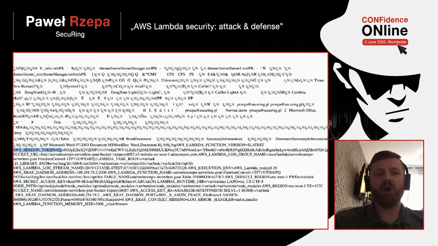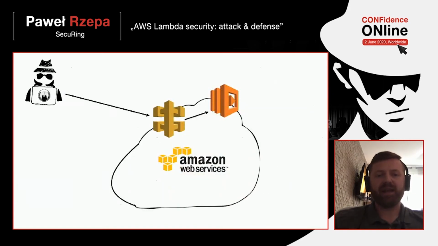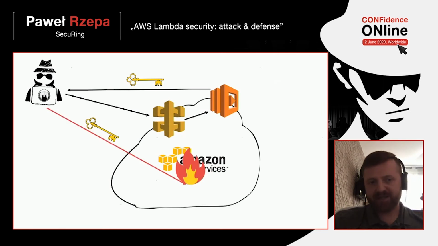So using all those three components, now the attacker is able to do malicious actions inside your AWS account. Using the vulnerable Lambda, it was possible to read the access keys, and then using those access keys, an attacker can do malicious stuff under your AWS account, and it depends on what permissions you assign to this execution role.